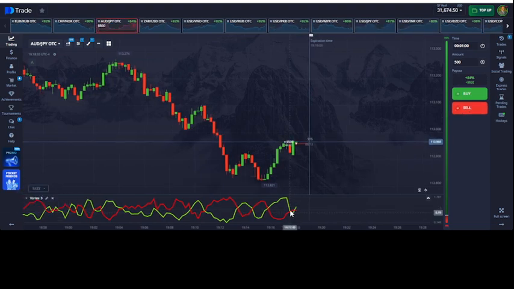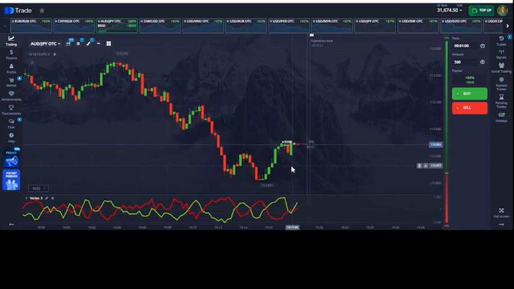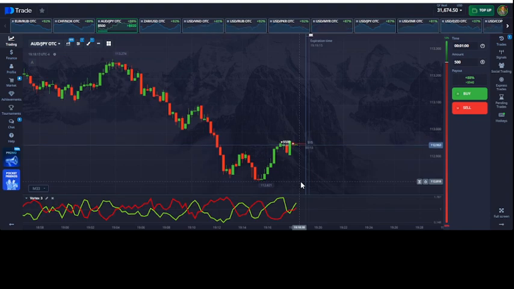The red VI line crossed the green VI line here. So this suggests a bearish momentum over the next 60 seconds.